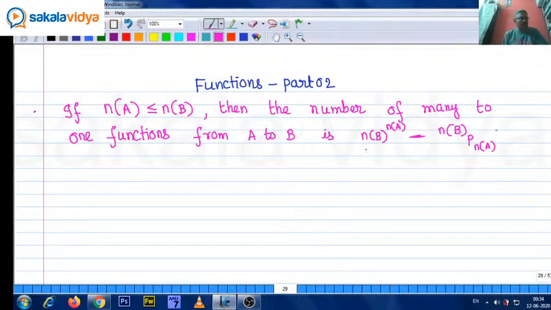That means total number of functions minus number of one-to-one functions gives us the number of many-to-one functions.